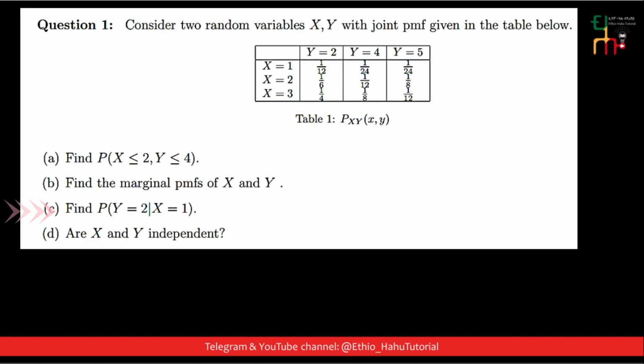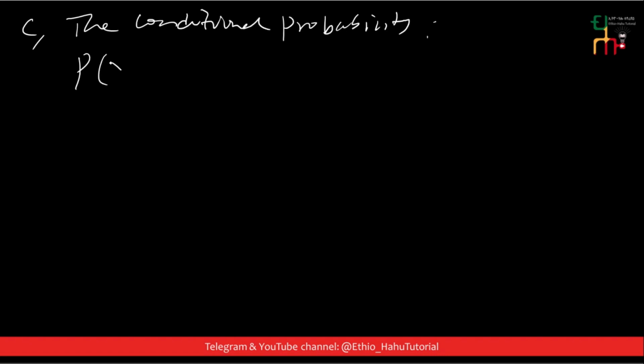C ምን ይጠይቃችሁ? Find the conditional probability of y given that x is equal to 1 ተብለናል። C, conditional probability of y is equal to 2 given that x is equal to 1 ማለት ምን ማለት ነው?